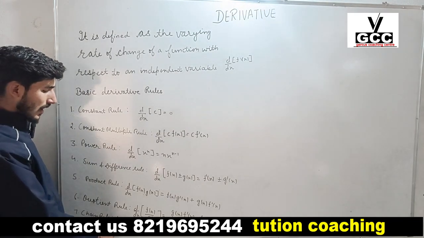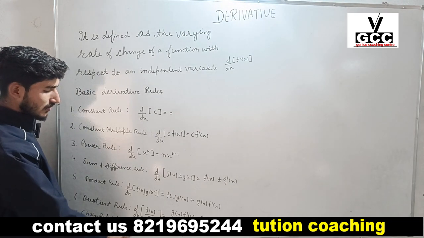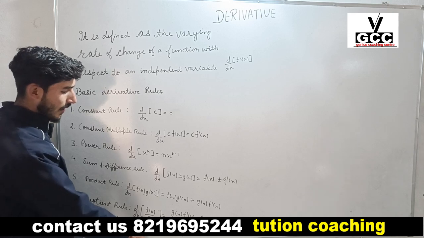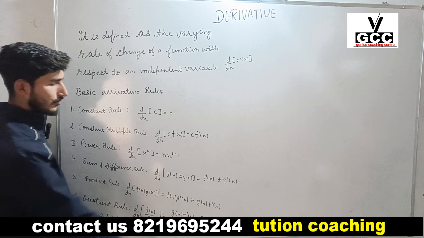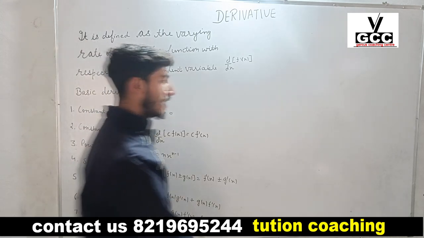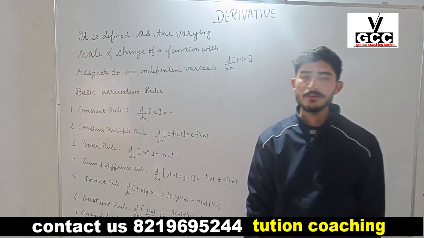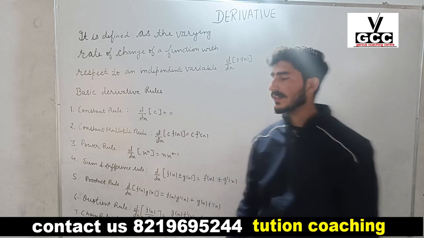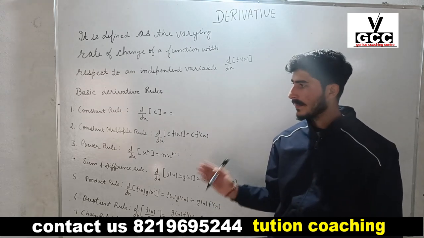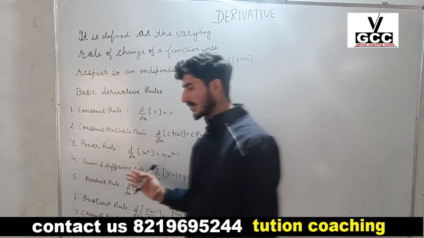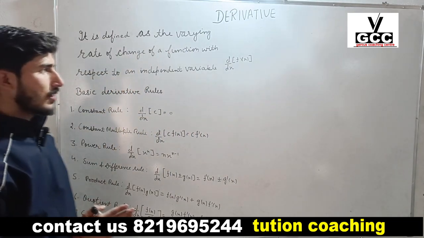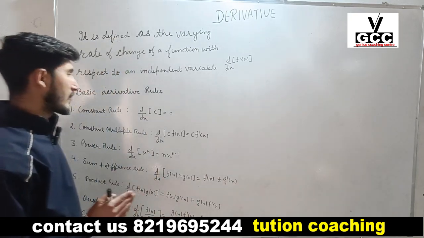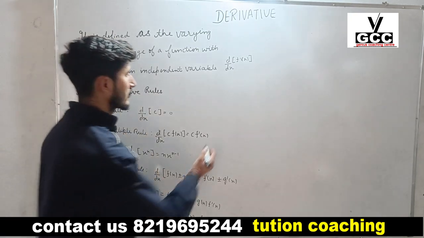The chain rule says the derivative of f of g of x is f dash of g of x and then g dash of x. So these are some rules of the derivative which can be used to find the derivative of functions under any operation.